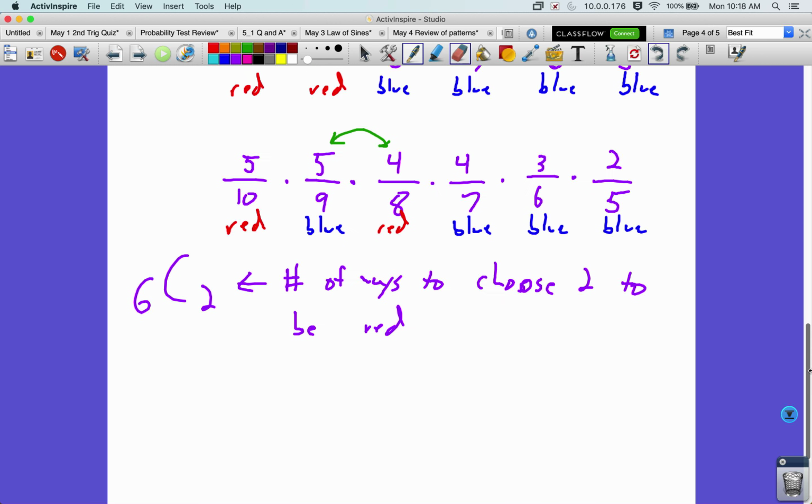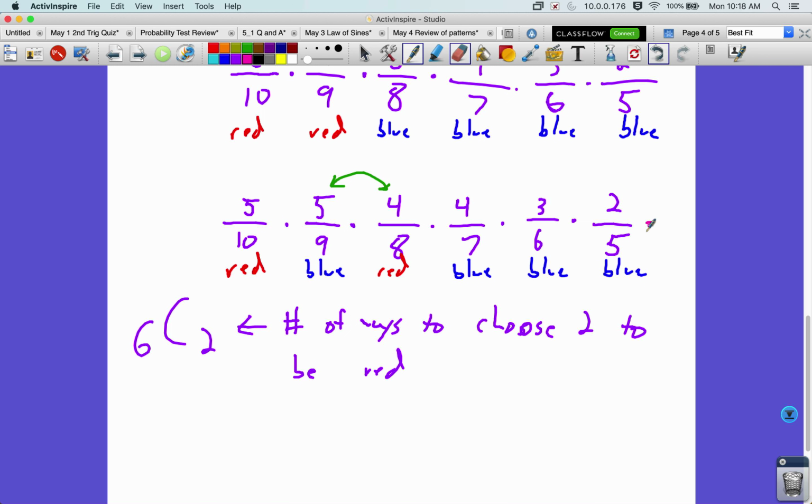So let's actually multiply this out. I like to just multiply all the numbers that are on the top. So 5 times 5 times 4 times 4 times 3 times 2, and then divided by, in parentheses, all the numbers on the bottom: 10 times 9 times 8 times 7 times 6 times 5. And I get that this here is equal to 0.01587.